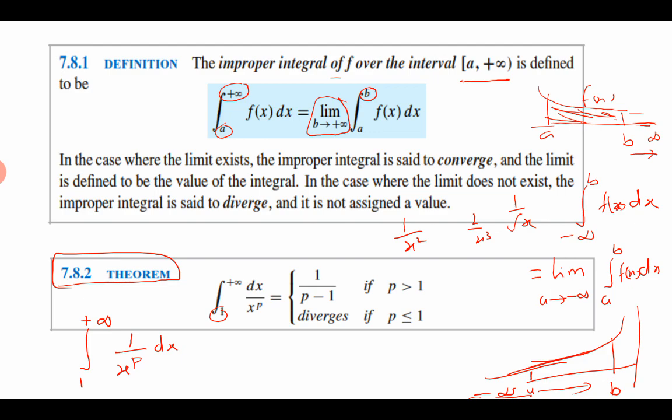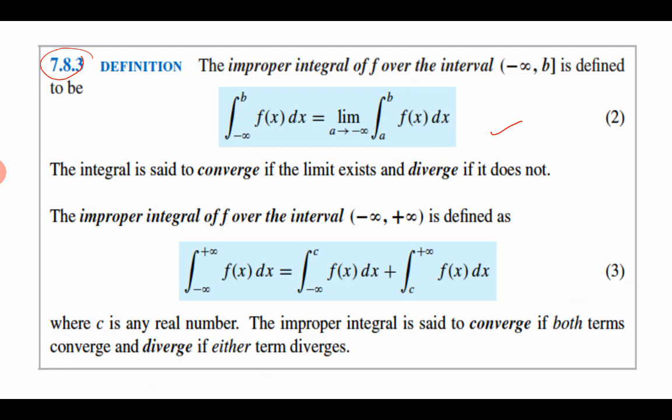In the case of root x, the power p is half. If the power p is strictly greater than 1, then the integration converges to 1 over p minus 1. If the power p is less than or equal to 1, then the integral diverges. So you don't need to apply the limit or constant. Directly from the power p you can identify. This theorem is very important to solve the coming problems.